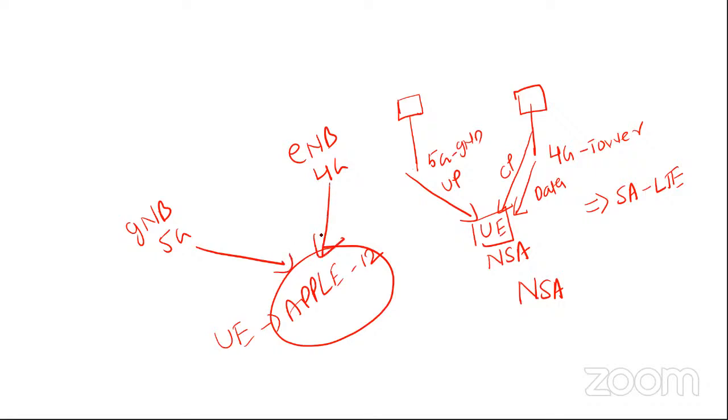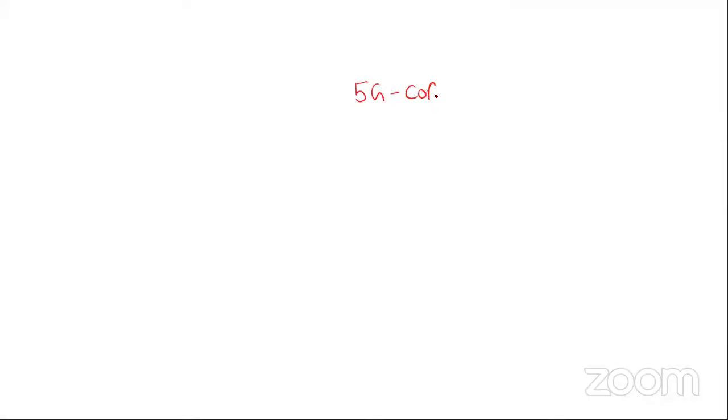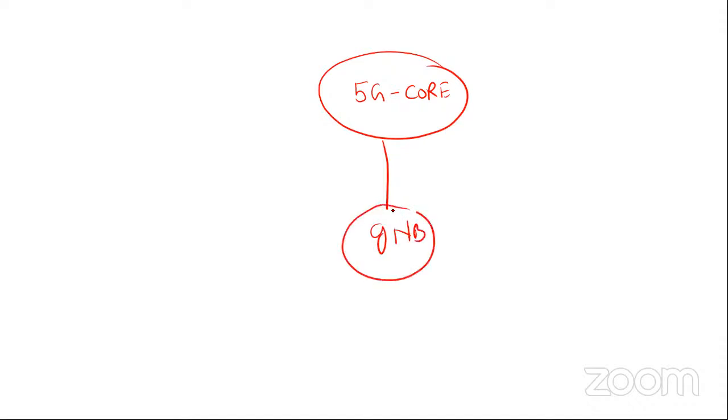So when I am getting two different radio bearers, maybe here I am getting the SRB, signaling radio bearer, and here the DRB, data radio bearer, that we call non-standalone. The standalone concept is easy. If you have a 5G core connected to the gNodeB, your tower, and this is providing the services to the device, this kind of concept we call standalone.